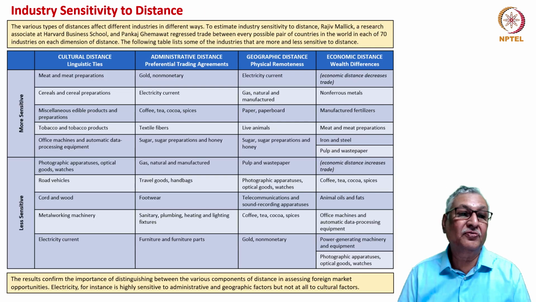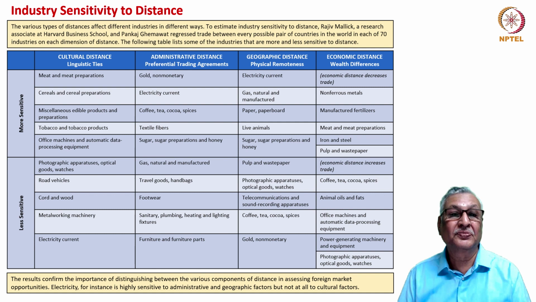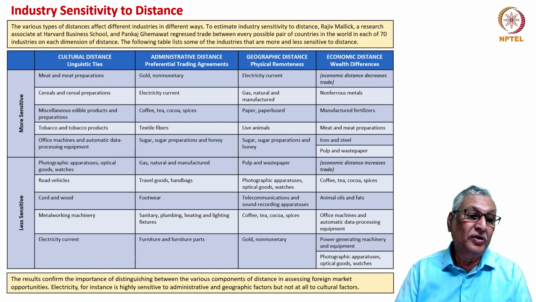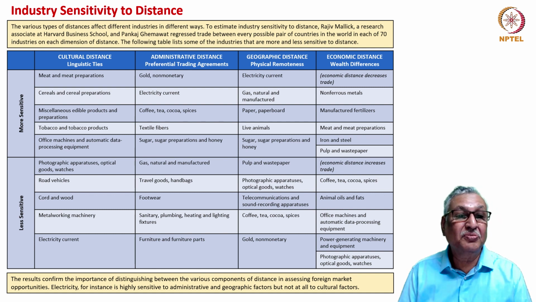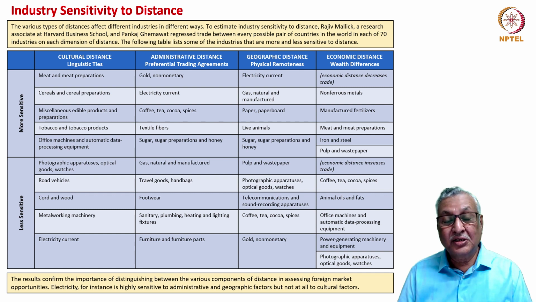Extending this comparison further, we can also look at products which are more sensitive to distance and products which are less sensitive to distance. When you have products such as meat preparations, cereal preparations, edible products, tobacco products, we can say that these products are time sensitive, distance sensitive.